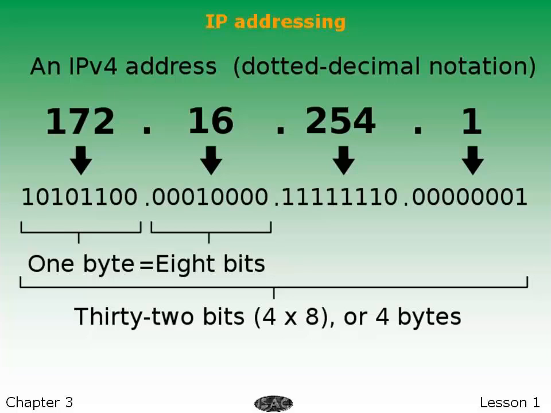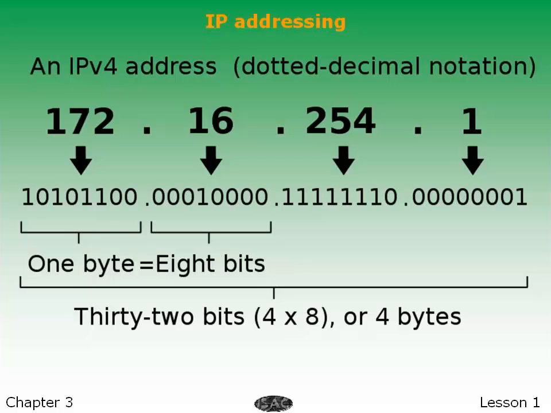However, due to the enormous growth of the Internet and the predicted depletion of available addresses, a new version, IPv6, using 128 bits for the address, was developed in 1995.